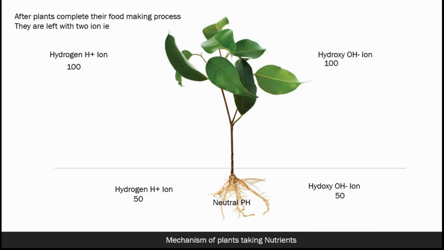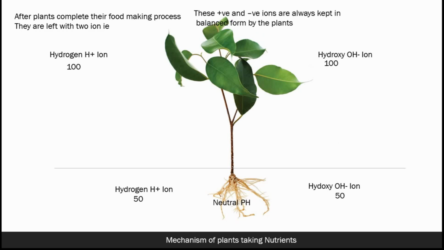Now, after the food process, plants have 100 hydrogen ions and 100 hydroxy ions available. After the food processing is done, plants again ask for nutrition, so we again give them the actual nutrients.